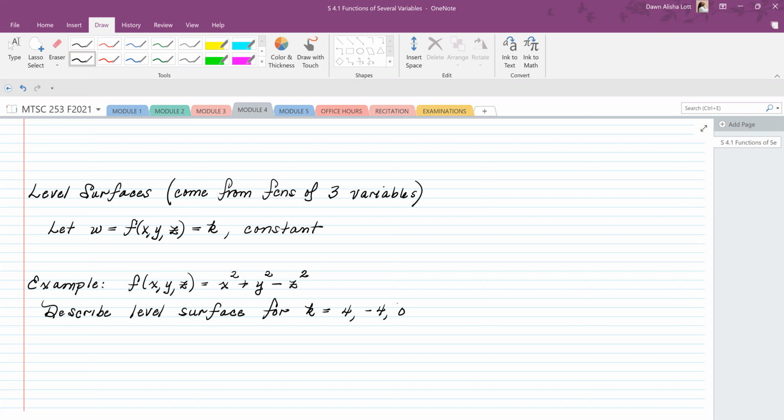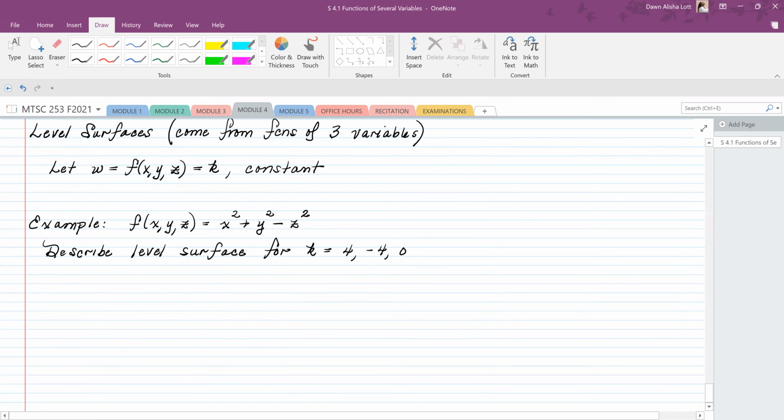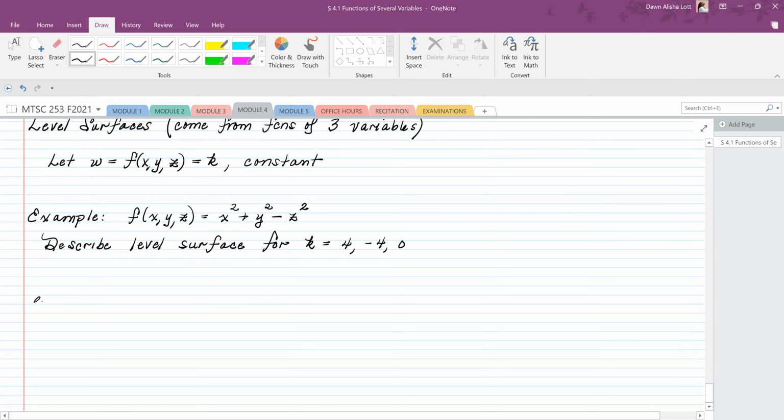Okay, so for the first one, we let K equal 4. That means we have x squared plus y squared minus z squared equals 4. And if you remember, this one is a hyperboloid of one sheet.